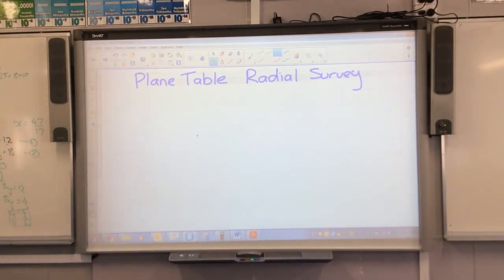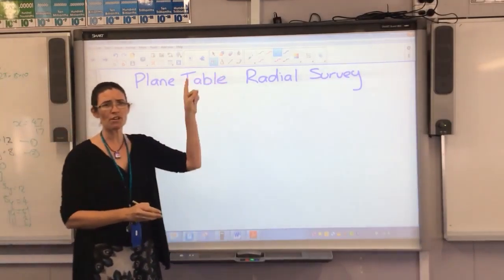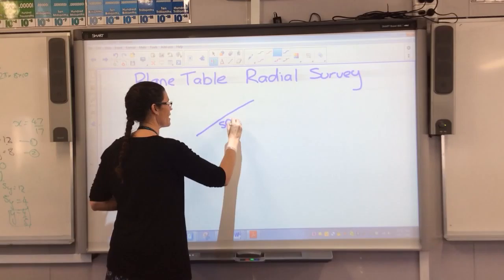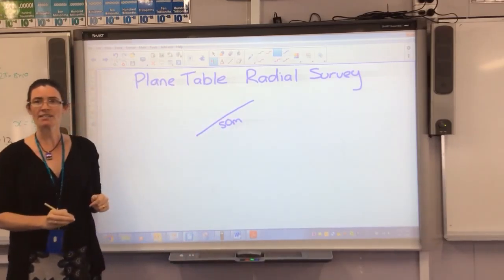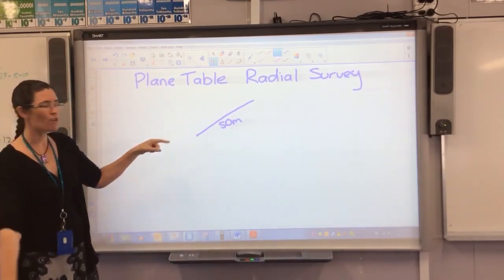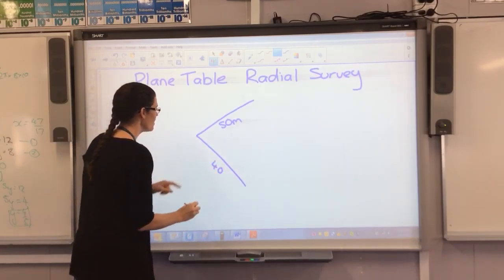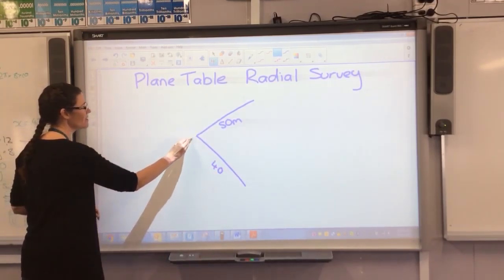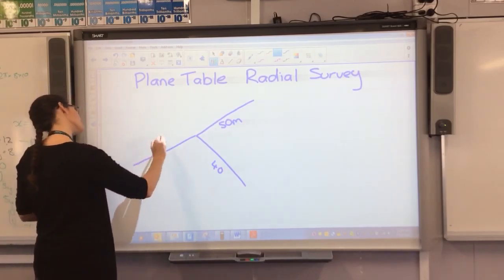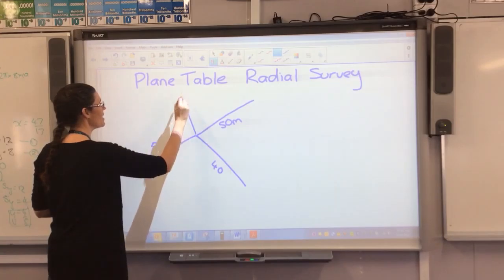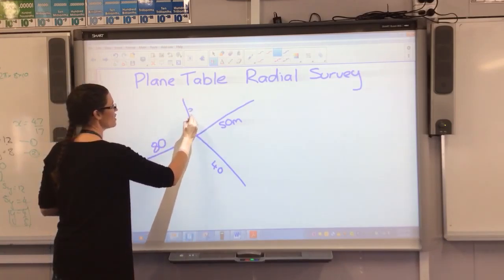So, for example, I walk to my middle of my field, I put a table down, and then I put a dot in the middle of my piece of paper. What I then do is I say, okay, there's a corner of the block of land over there. It is 50 metres away. Alright? Then I say, oh, there's another corner over here, and it's 40 metres away. There's a corner over there that is 80 metres away, and there's one over here that is 30 metres away.